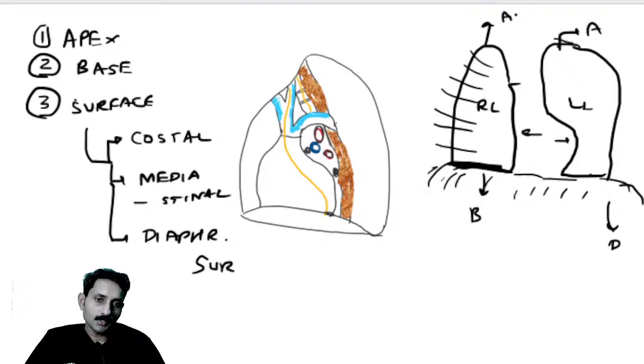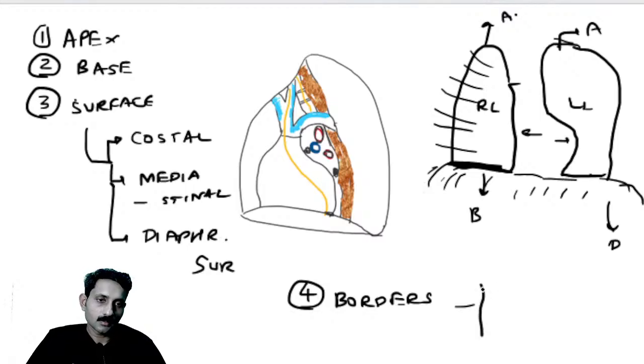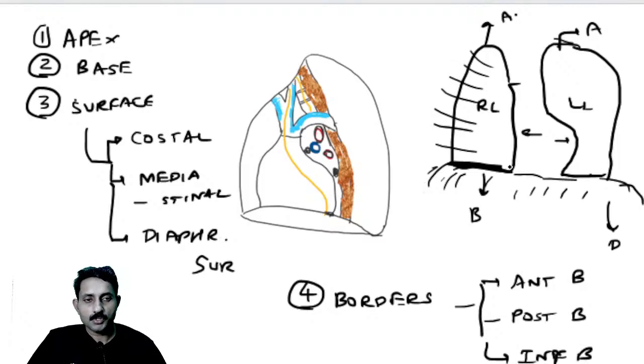One more thing we need to know, the borders of the lung. So, how many borders are there for the lung? These are pure basics. Okay, so we got an anterior border, a posterior border, and an inferior border.